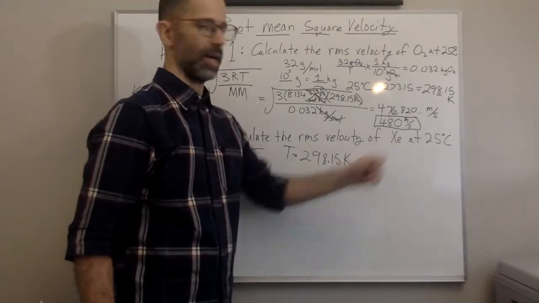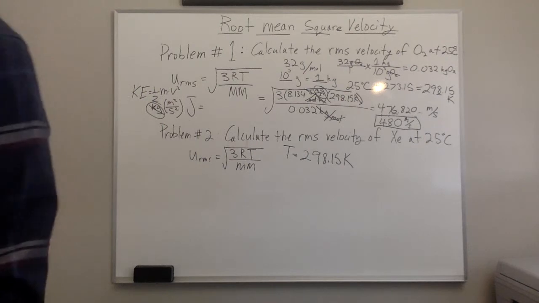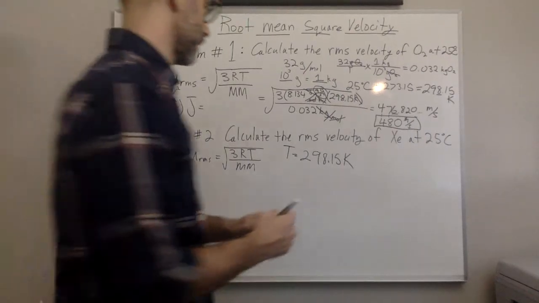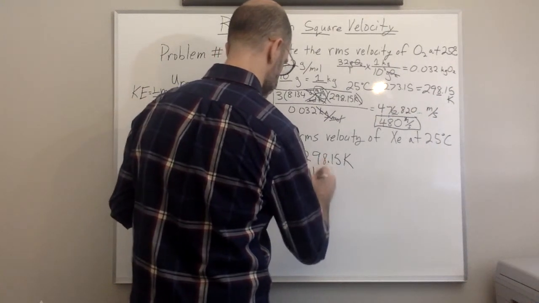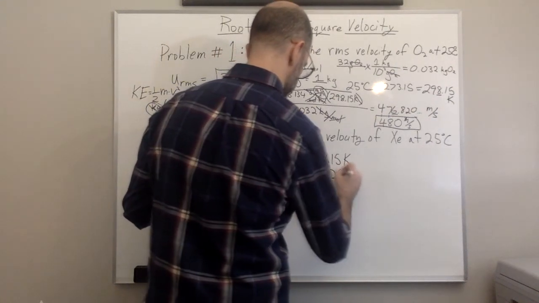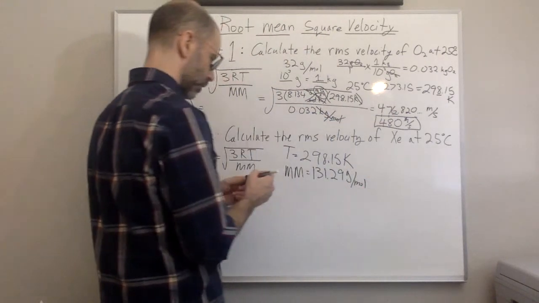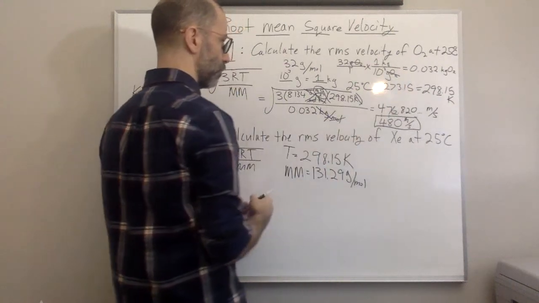Here, the molar mass is going to be different. So we have xenon, so we'll look that up on our periodic table. So xenon is 131.29. So molar mass is equal to 131.29 grams per mole. Once again, I use my conversion factor to convert.